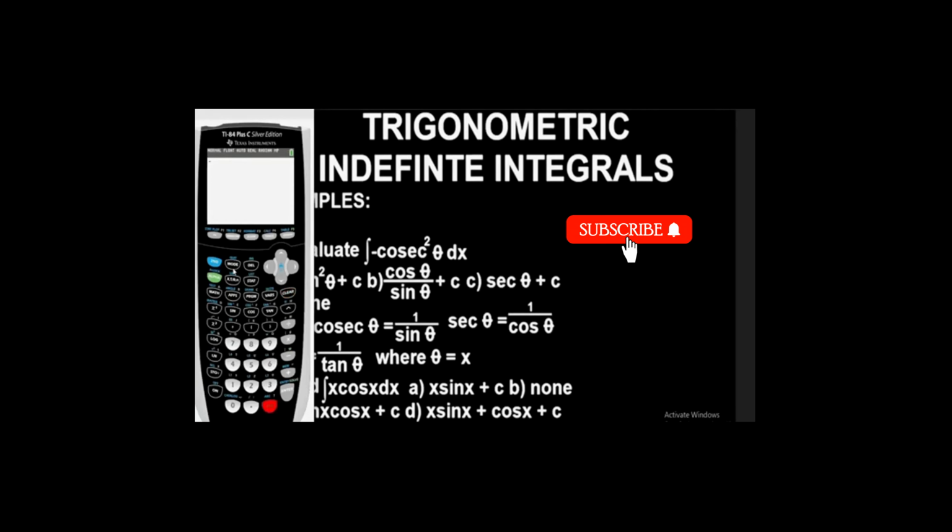Bring out the fraction button. We press alpha and this trace button. For fraction, we press this y equals button. Then the fraction we are looking for is under 1. So we have the fraction 1 over sine.